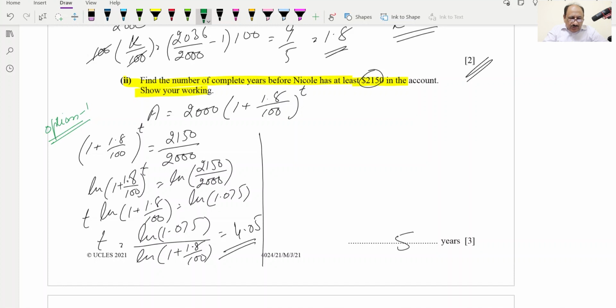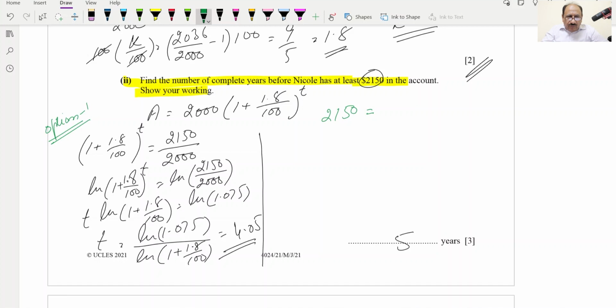First step, I'm writing this step. So A is 2150. Find the number of complete years before Nicole has at least 2150 in the account.